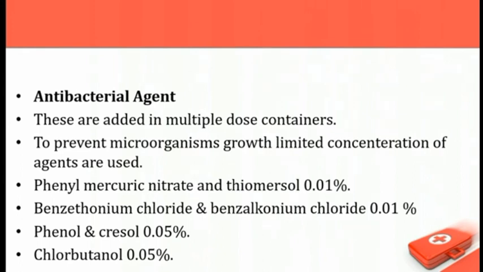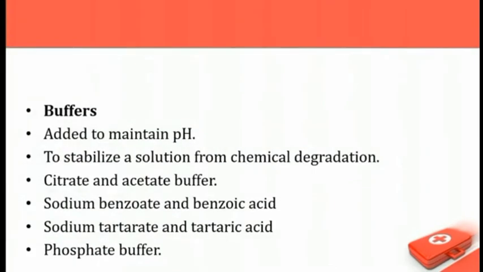Next one is antimicrobial preservatives: phenyl mercuric nitrate, phenyl mercuric acetate, methyl paraben, propyl paraben, thiomersal, benzyl alcohol, phenol and chlorobutanol. Next is antioxidants. The reducing agents are ascorbic acid, sodium bisulfite, sodium metabisulfite and thiourea, all used for the aqueous systems.